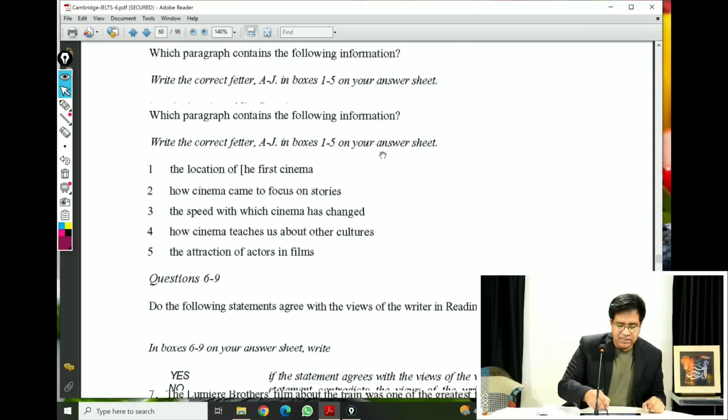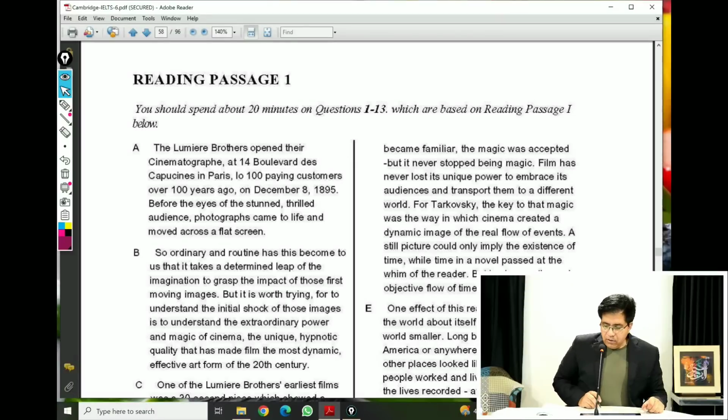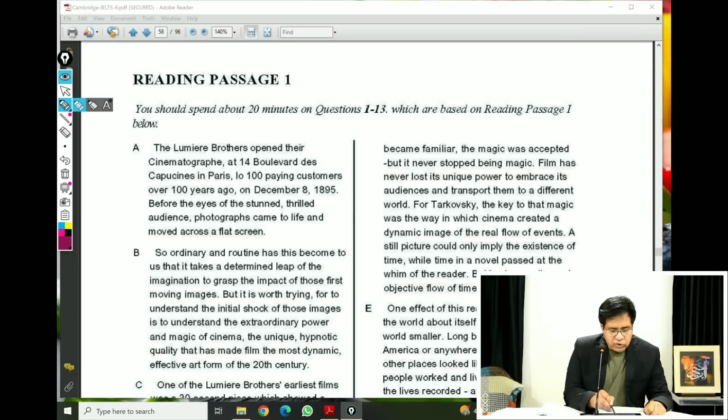Now, let's go back to the passage. Please come to the first paragraph. I'm going to read it from the beginning. The Lumiere brothers opened their cinematograph at 14, Boulevard des Capucines, to 100 paying customers. So they were 100 paying customers. Who are they? Audiences. I mean, customers of cinema, they are audiences.